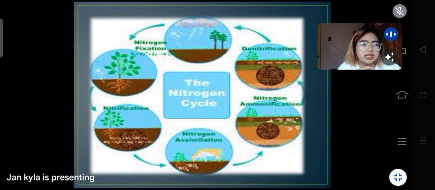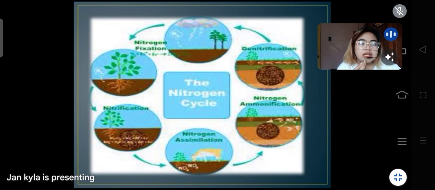The next part of the cycle is ammonification, or the decaying process. When living things like plants or animals die and decompose, fungi and bacteria turn the nitrogen back into ammonium. This is done so that nitrogen won't be just wasted on the ground, so it can enter the nitrogen cycle again.